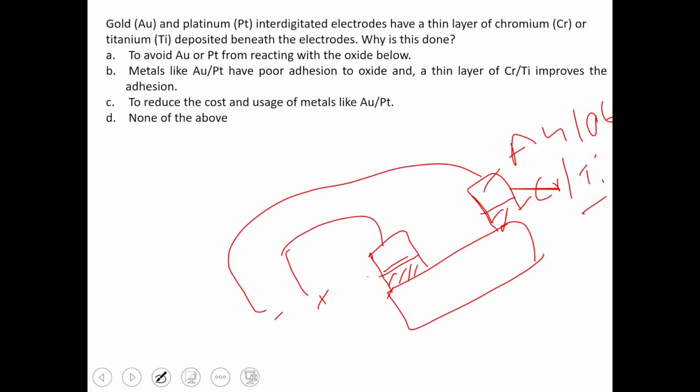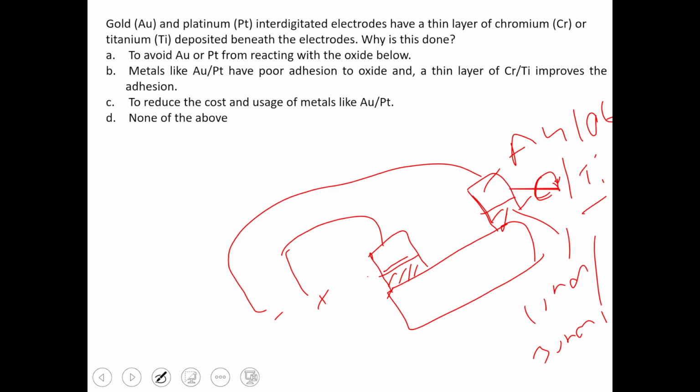Your device will be damaged in that case. So for proper, good adhesion, we have to deposit a small thickness, like 10 nanometers or 30 nanometers, of chrome or titanium before deposition of the gold and Pt.